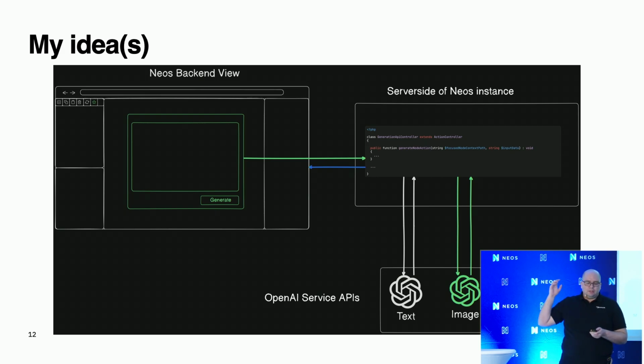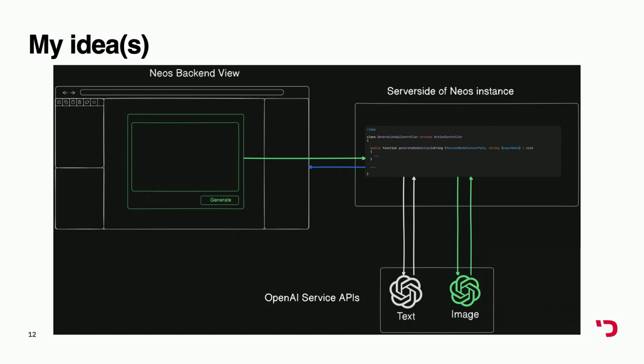I wanted to try to build something like a custom creation dialog where a user gives his input and then AI does its thing. So to achieve this, my idea is, okay, in the front end, I must build this creation dialog.